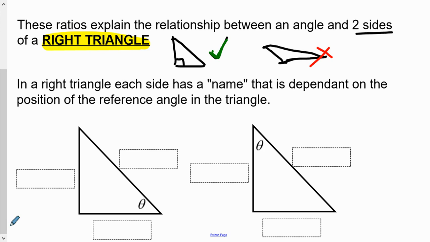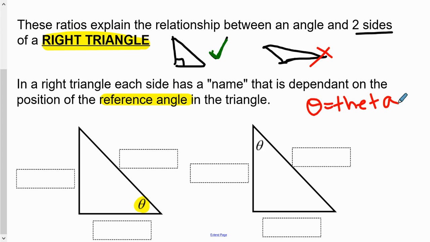So in a right triangle, to be able to talk about what two sides each ratio is describing, we want to be able to name those sides. And the way we name those sides depends on what angle we're using in relation. The reference angle is what we call this. So here we use that theta. Theta is just our general variable for angles.